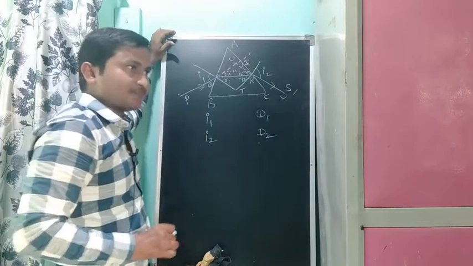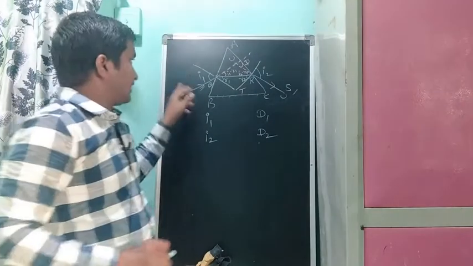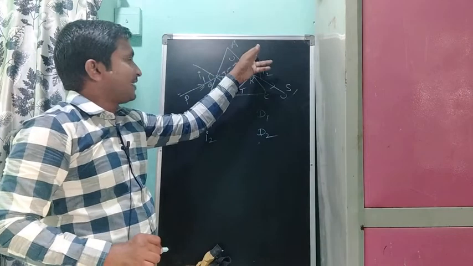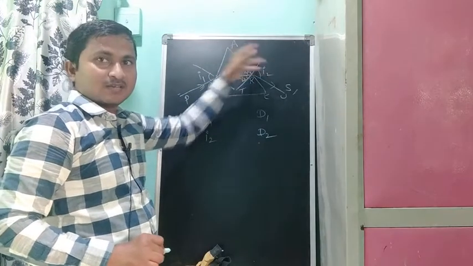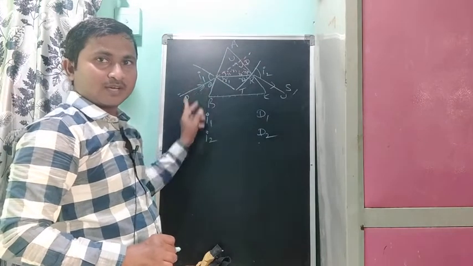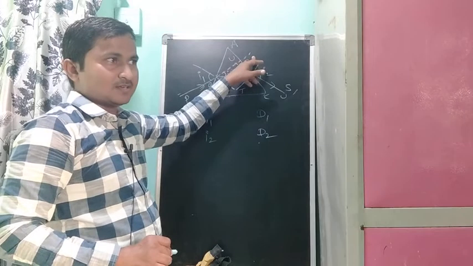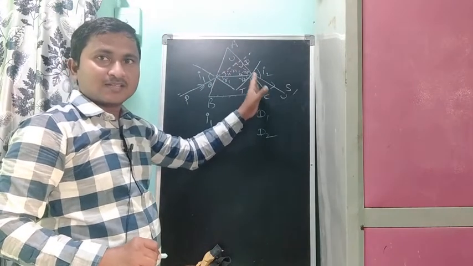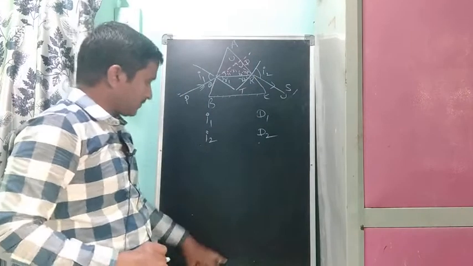First at some angle, say 30 degrees, find the angle of deviation. Later 35 degrees, find the angle of deviation. 40, find the angle of deviation. Like this the angles of deviation are determined for different angles of incidence.